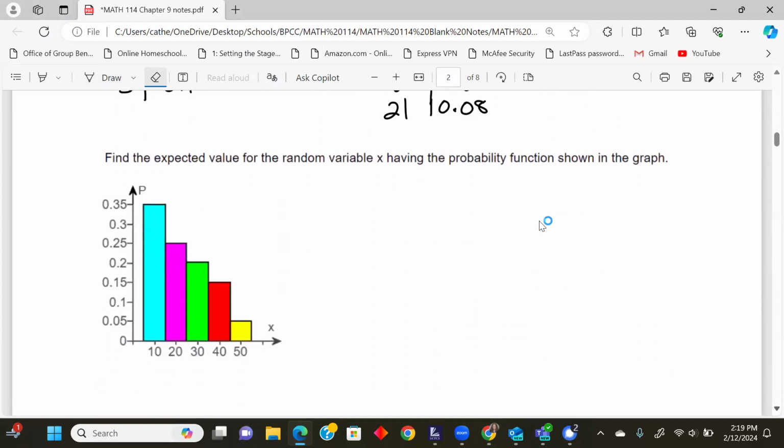Find the expected value for the random variable X having the probability function shown in the graph. All right, same thing we just did. This would be your L1, and this would be your L2.